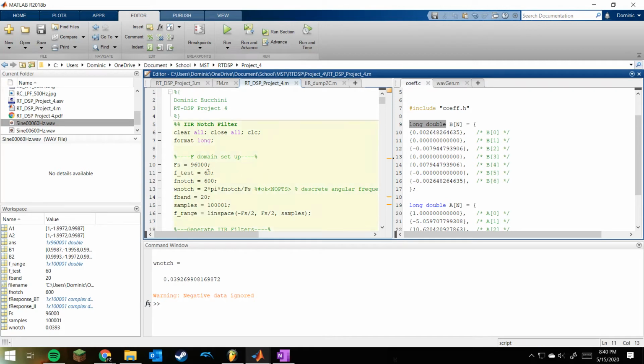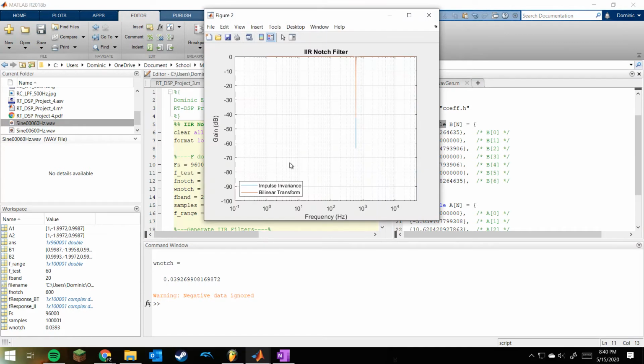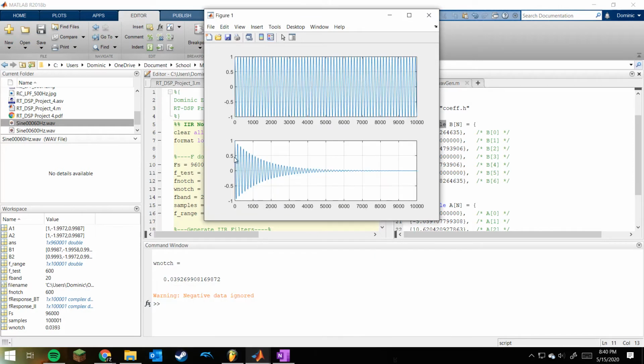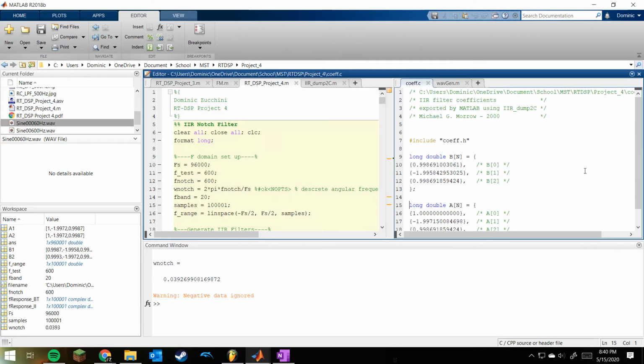We set our notch frequency to 600, so let's make the simulation one 600 as well. There we go. And you can see it attenuating, which is what we want. And you'll actually be able to hear this as well whenever we do it for real. So let me go ahead and load the filter onto the board.